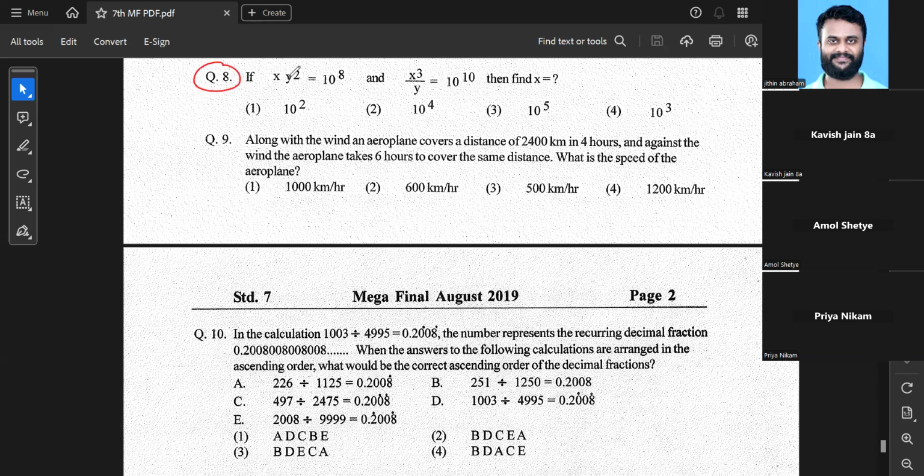Eighth question. If x y square is equal to 10 raised to 8, and x cube upon y is equal to 10 raised to 10, then x equals how much? Sir, we'll have to use the law of indices. Yeah, agreed.